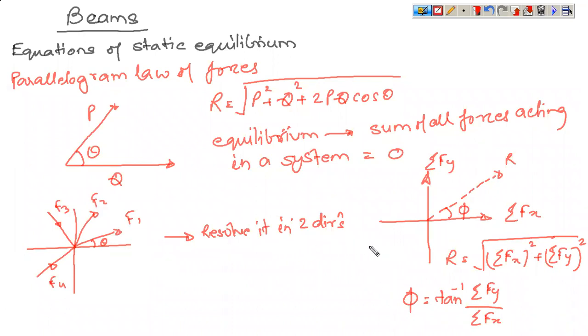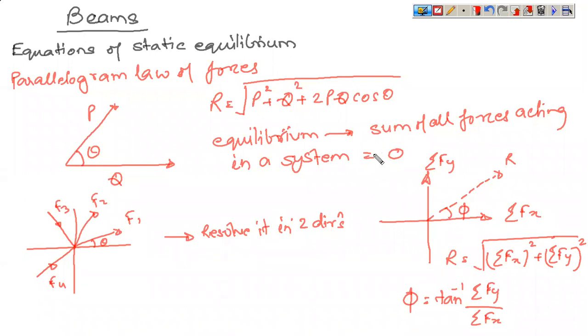But for the time being, let us assume that you know how to resolve forces into two mutually perpendicular components, x axis and y axis, represented by sigma Fx. You can find out the sum, and depending upon the angle which is specified either with the horizontal or the vertical, you decide whether it is to be multiplied by cos theta or sin theta.